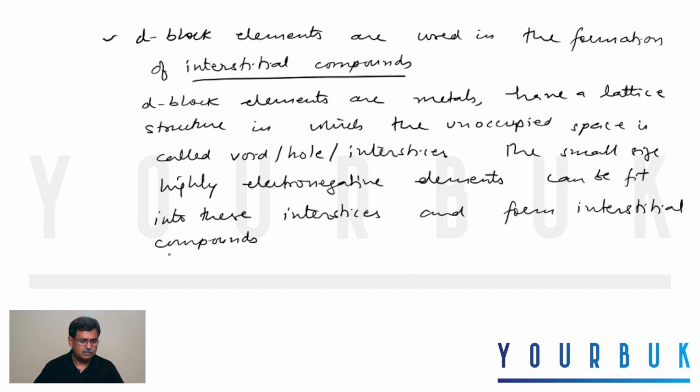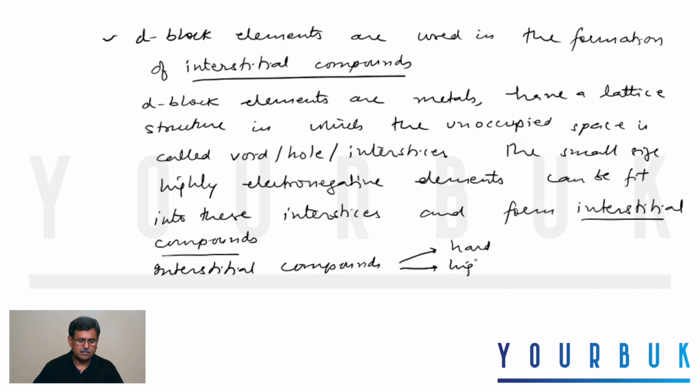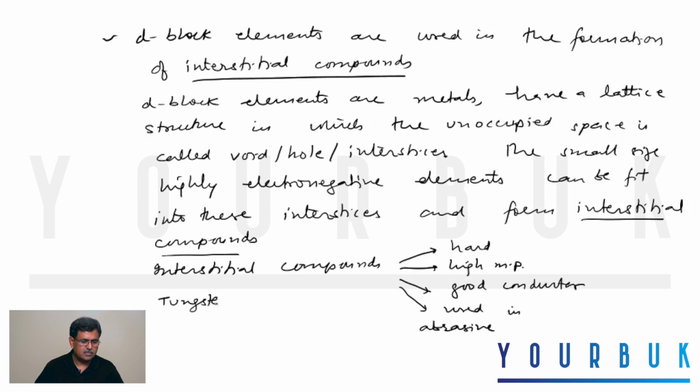Since all the voids are filled, the interstitial compounds are hard, they have a high melting point, they are good conductors of electricity, and they are used in abrasives. Examples are tungsten carbide, tantalum carbide. So these are some examples of interstitial compounds.